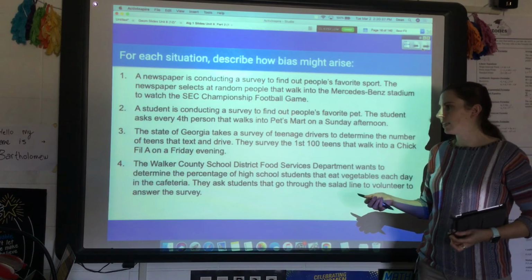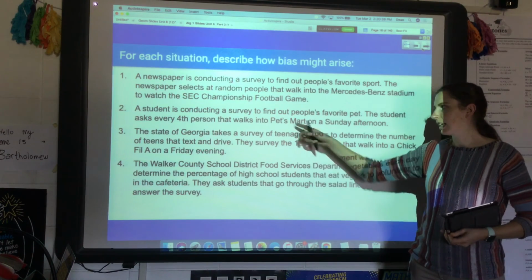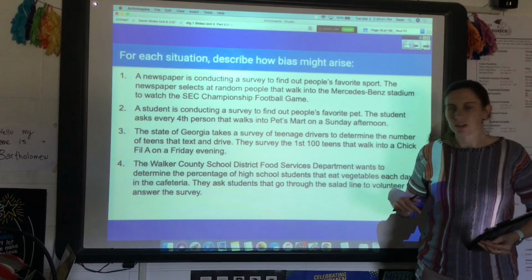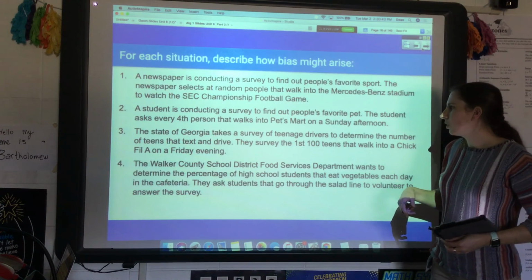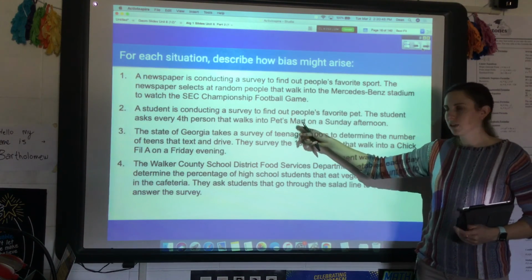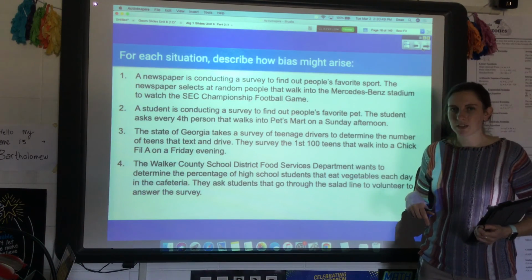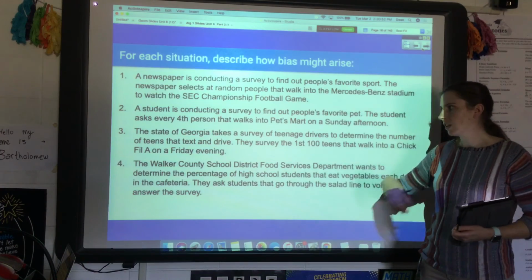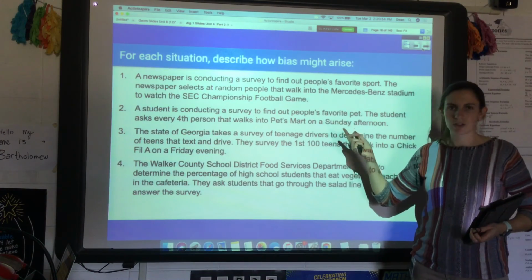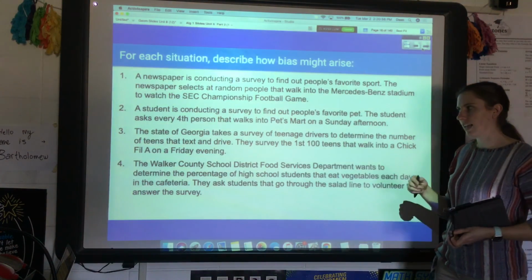So maybe they don't sell rabbit stuff, so you're not likely to get people who like rabbits there. You're also only asking people at this particular store on this particular day at this particular time. It would be better if you could spread it out over a couple days, maybe go to a few different stores, maybe a few different areas.